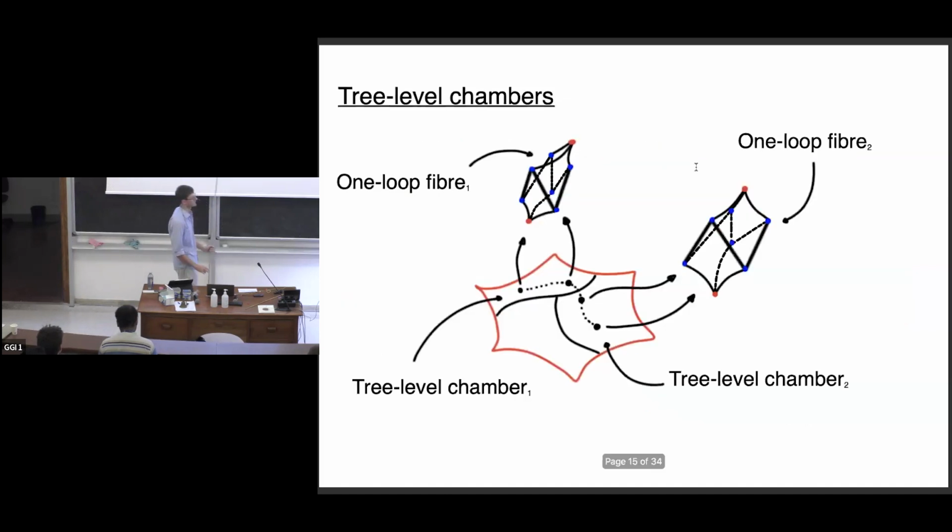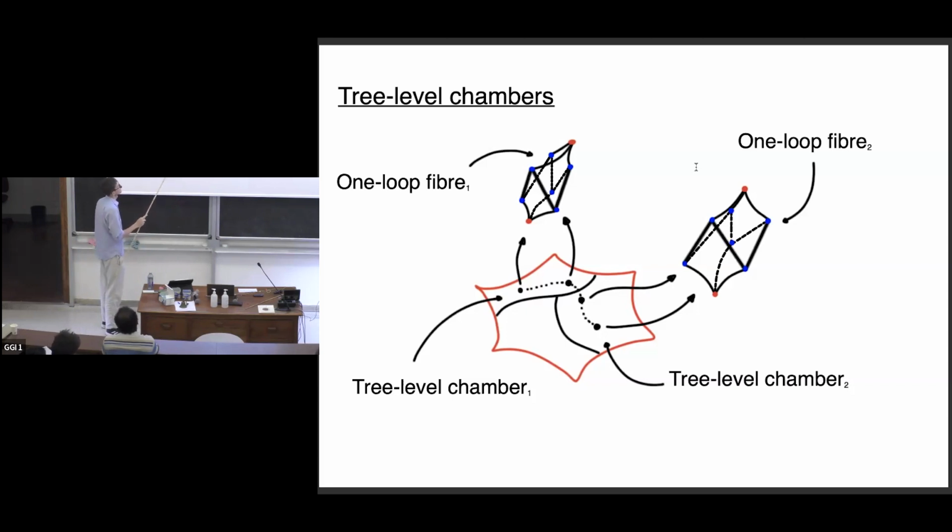Maybe a picture will help. Again, red is the tree level momentum amplituhedron region. Now this is split up into, in this picture, 3 tree level chambers. If I take a null polygon in this chamber and compute its one loop fiber, I will get something with some set of vertices. If I take another point in the same chamber, I'll get the same structure.